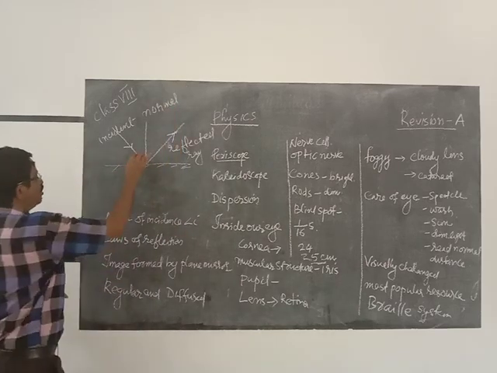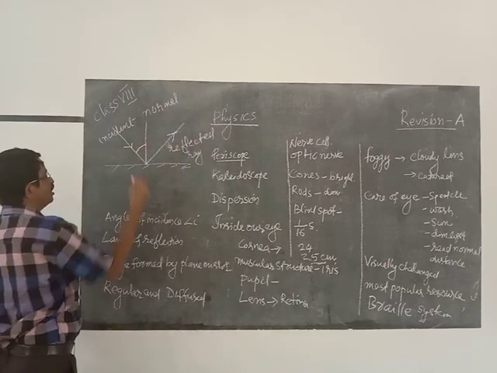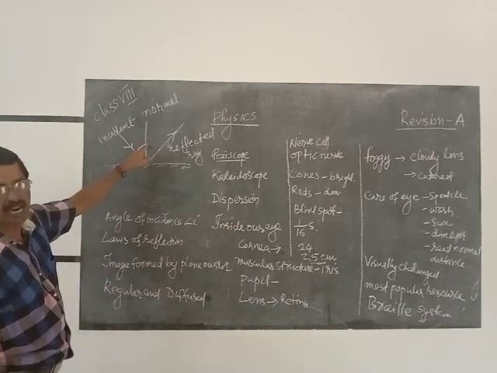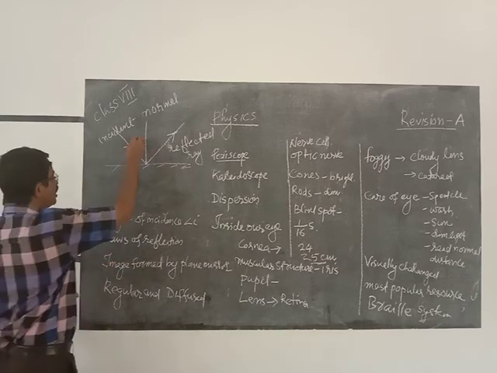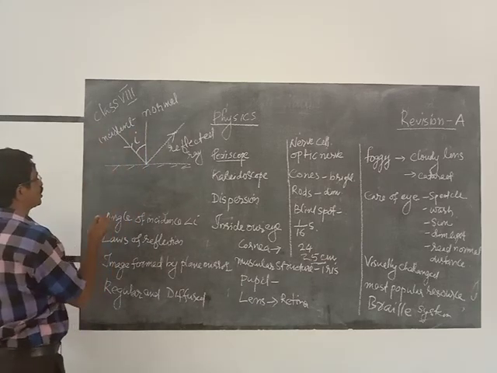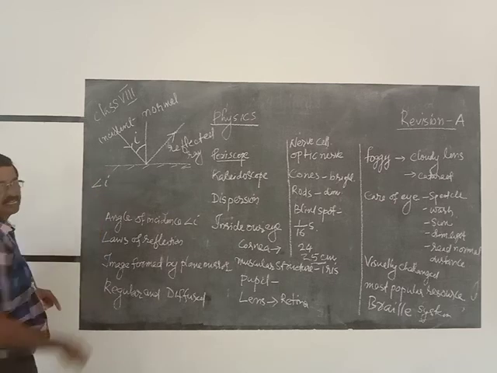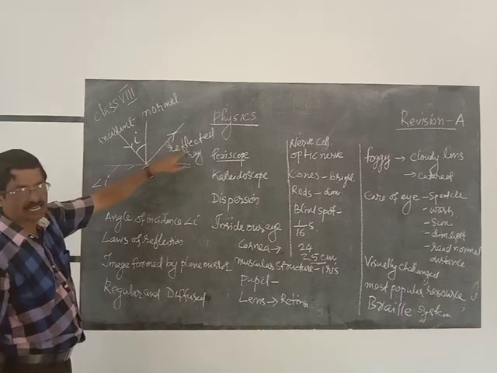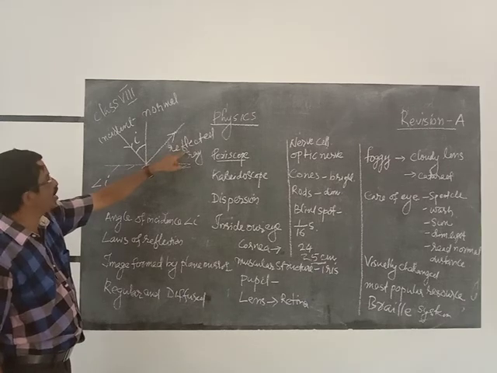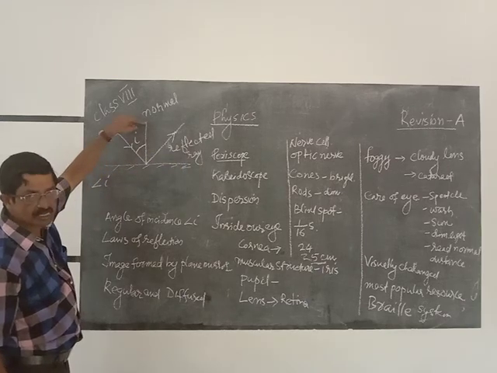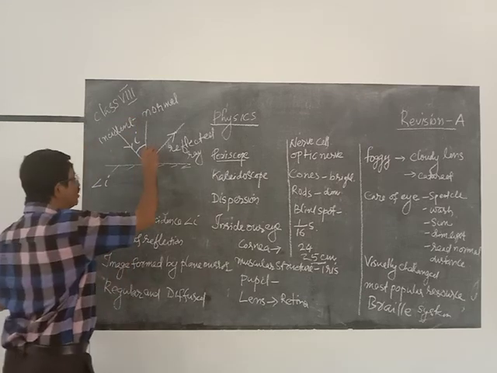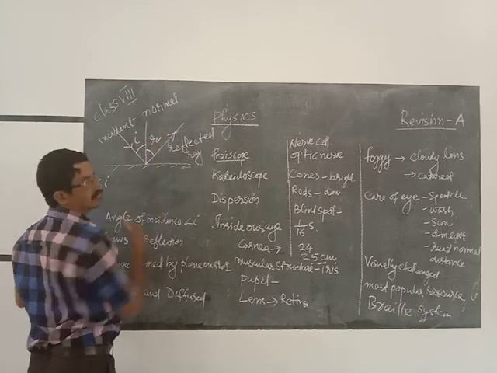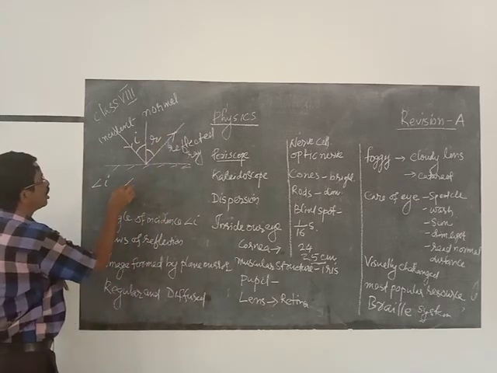The angle between the incident ray and the normal is called the angle of incidence, that is, angle i. And this one is the reflected ray, and this is the normal. The angle between these two is called the angle of reflection, that is, angle r.